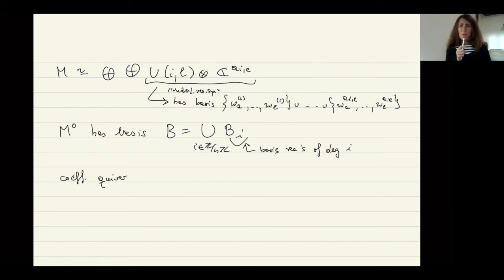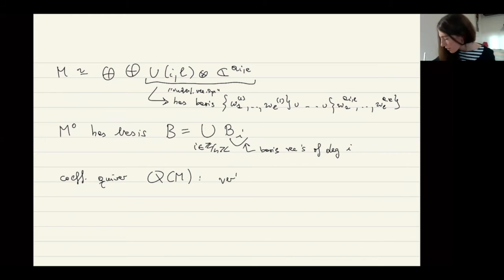From all this, I can produce another quiver, which is called the coefficient quiver. That's a combinatorial gadget one can always associate to a quiver representation, and it depends on the representation and on a preferred basis. For us, we fix it, and I just call it the coefficient quiver Q_M.